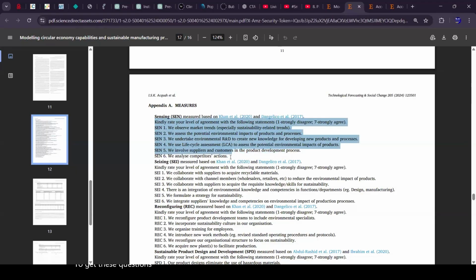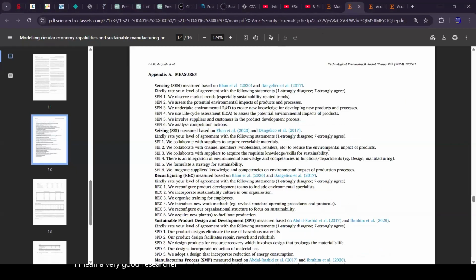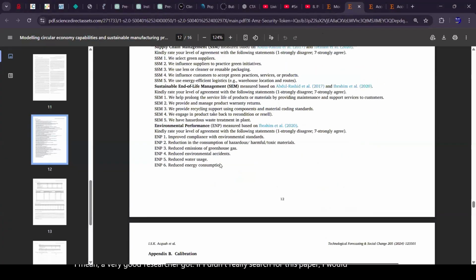Okay. So, in fact, if you want to be a researcher, you must read. Because reading is what will let you have much information about the things that you want to do. Reading is what makes you a very good researcher. Because if I didn't really search for this paper, I would never have known that statement.